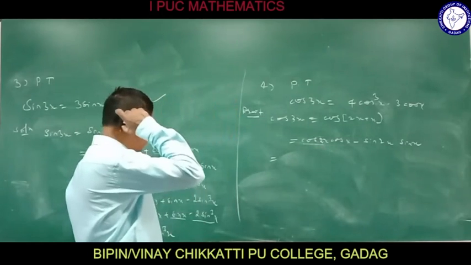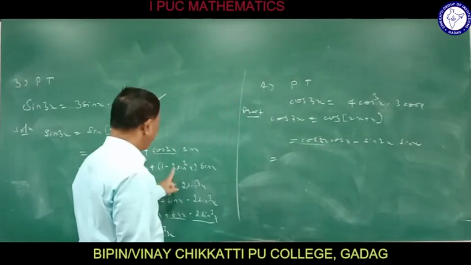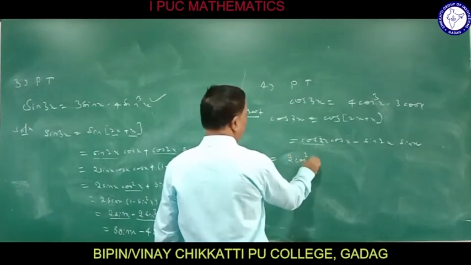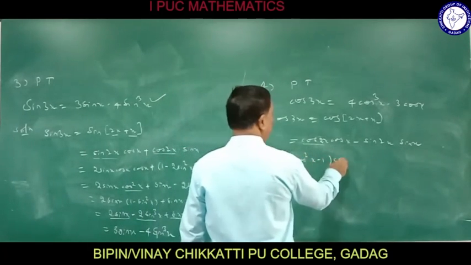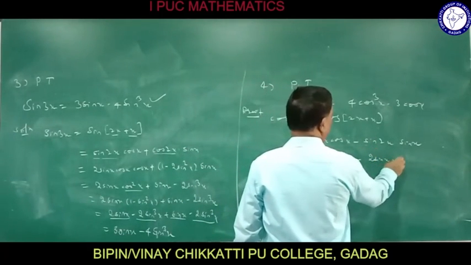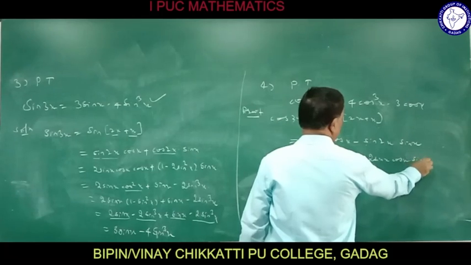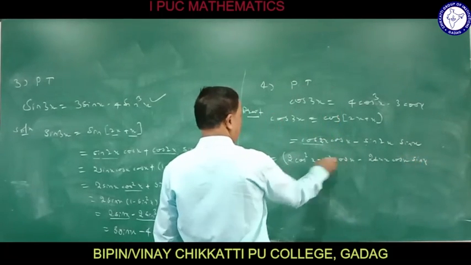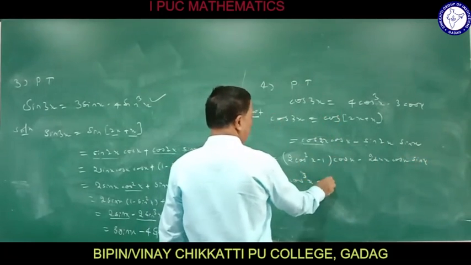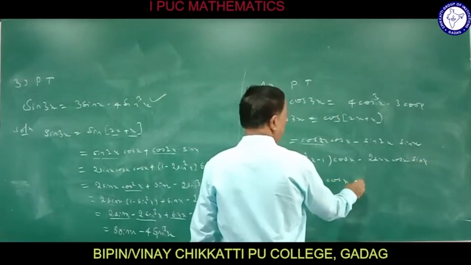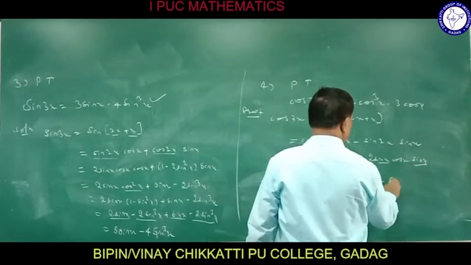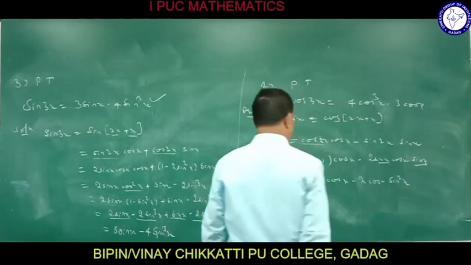Accordingly, 2 cos square x minus 1, here 1 minus 2 sin square, here 2 cos square x minus 1, into cos x, and sin 2x is 2 sin x cos x into sin x. So multiply this: 2 cos cube x minus cos x, and here minus 2 cos x and sin x into sin x is sin square x.